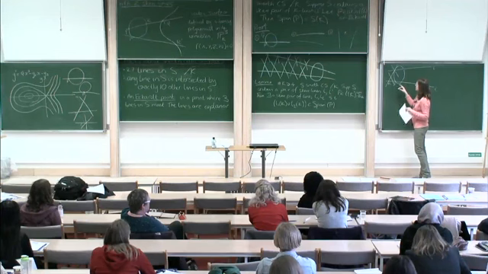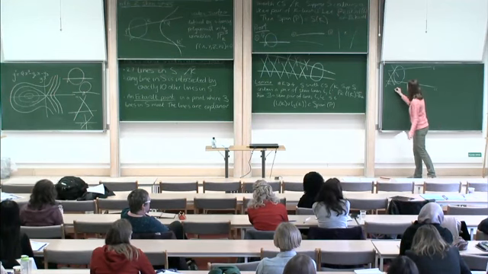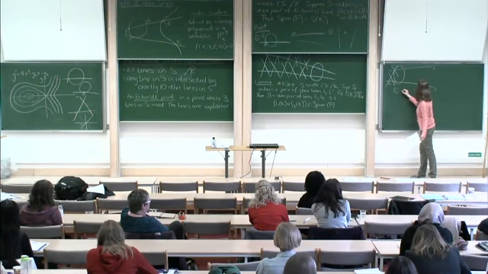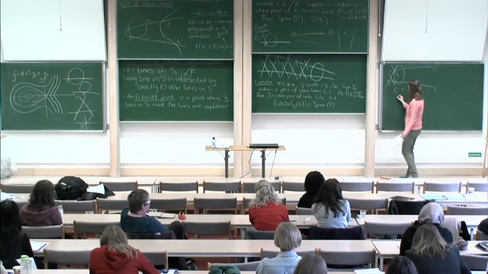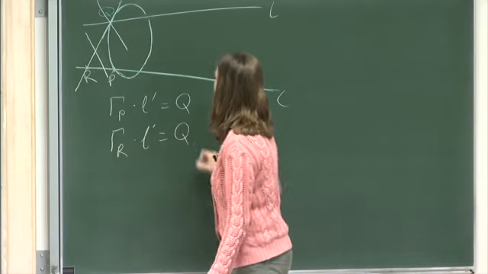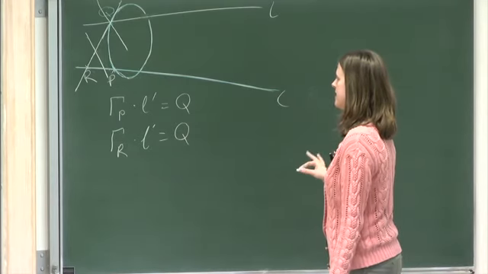But that means that actually, we had that if you took gamma P and intersected it with L dash, then you got Q. But now we've got gamma R, and you intersect it with L dash and get Q. It's a bit of a subtlety you have to think about, but it is kind of elementary.